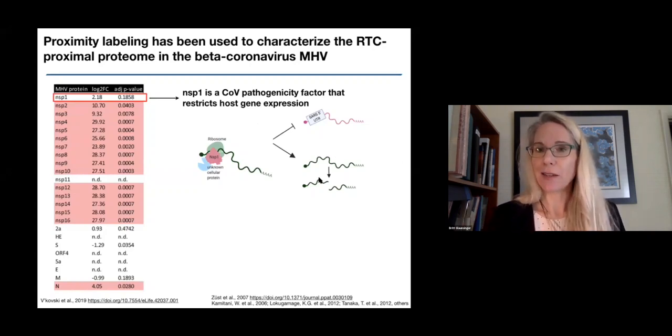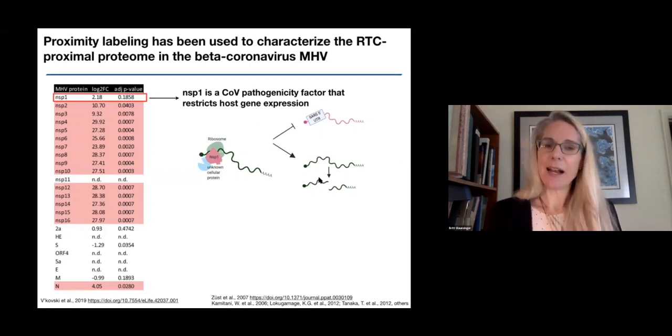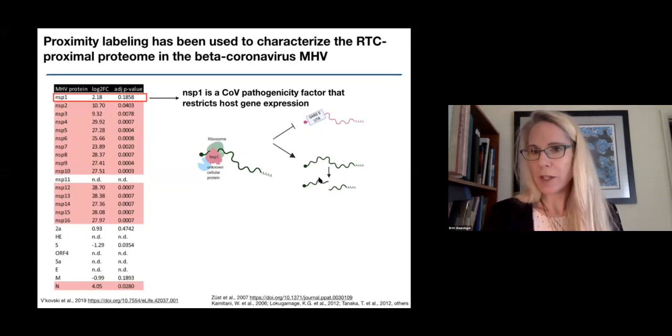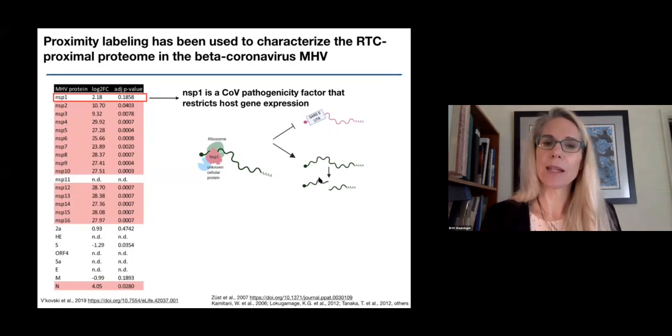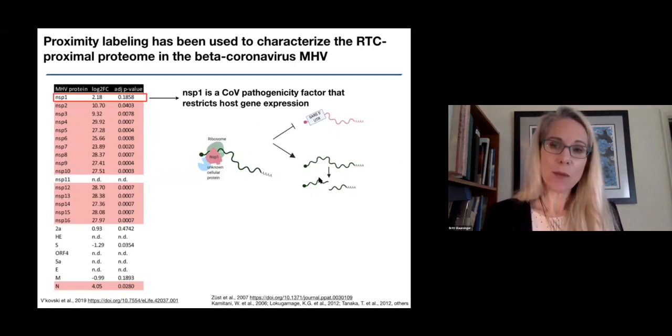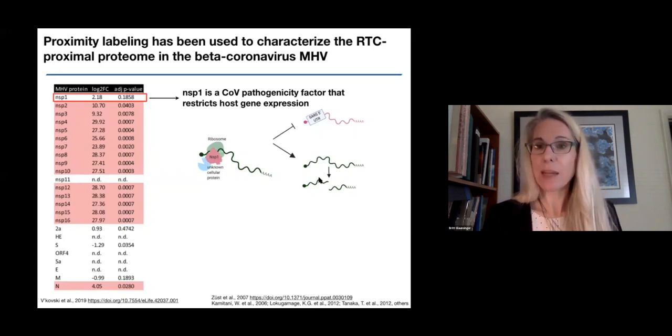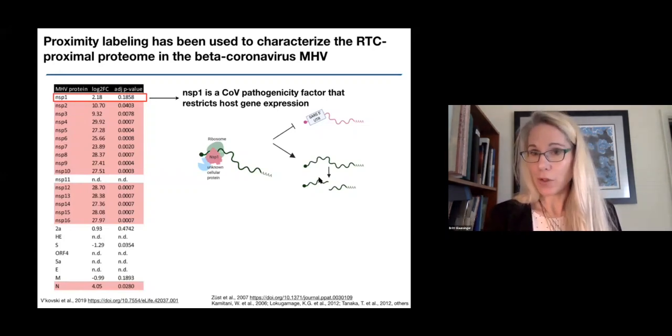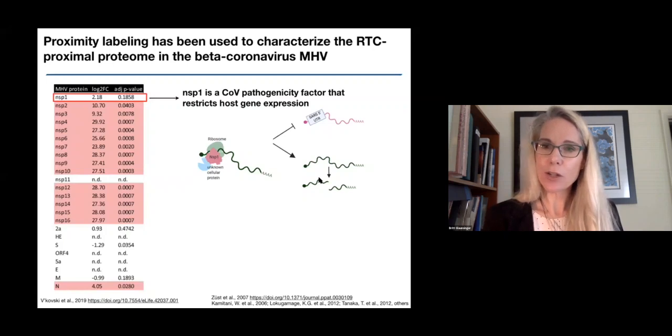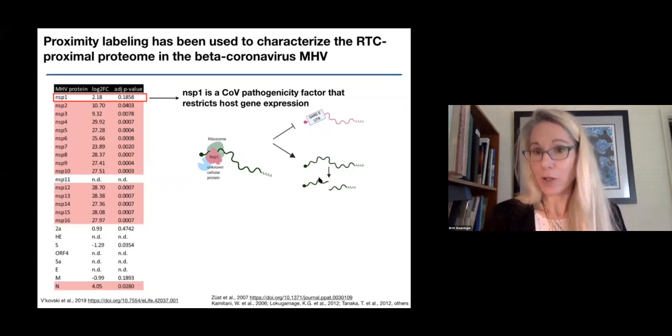In virology, we call these host shutoff factors. And it does this through a two-pronged approach. It binds the 40S ribosome and causes the ribosome to stall, basically, to inhibit translation of host RNAs. And it also induces an endonucleolytic cleavage event on host RNAs to promote their accelerated degradation.